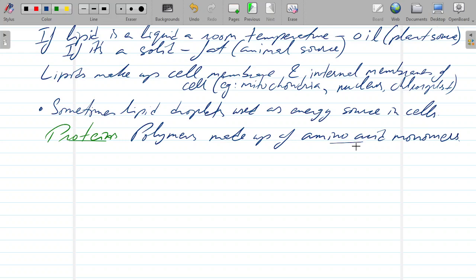So the monomers are called amino acids, the polymers are called proteins. There's another name which sort of suits the mono and poly. So proteins are sometimes called polypeptides, and the amino acids are called monopeptides. That's just something you can know.